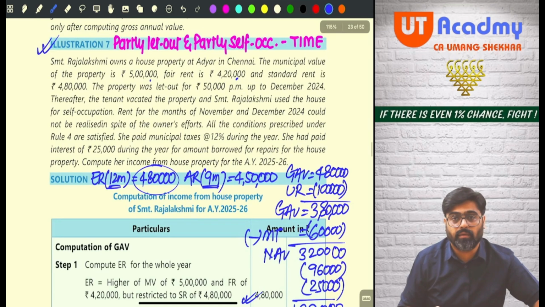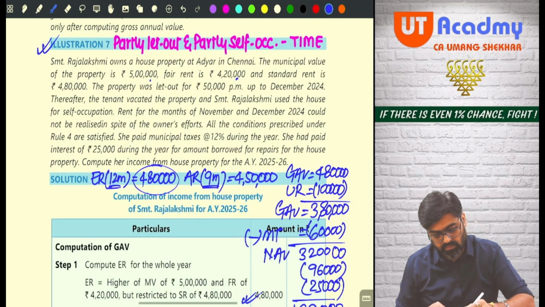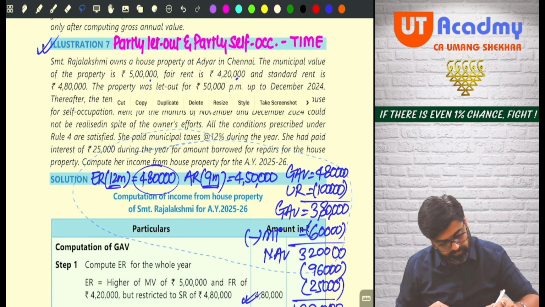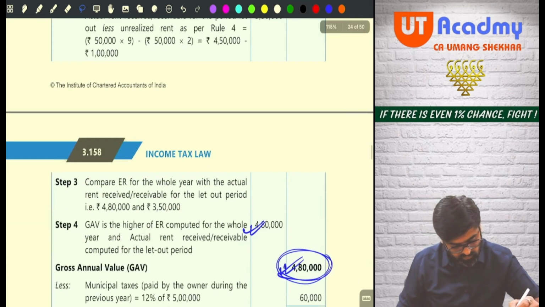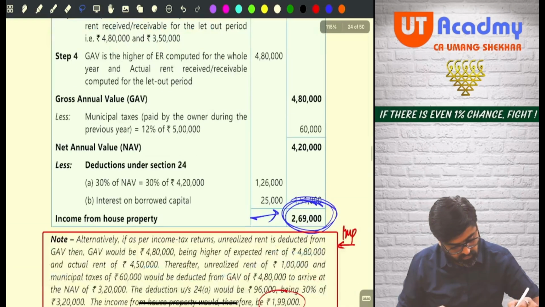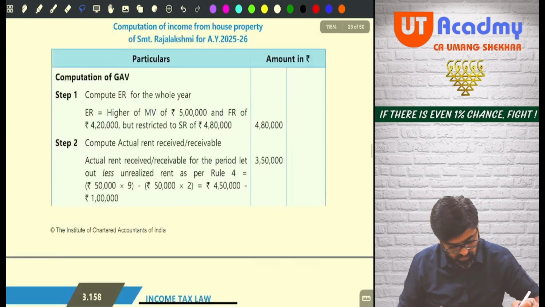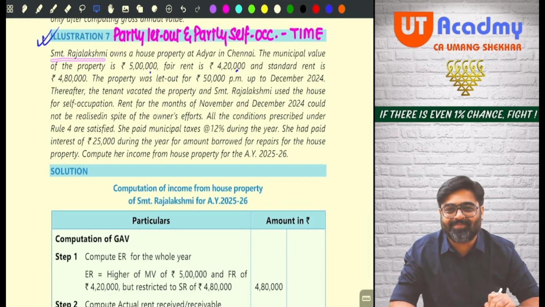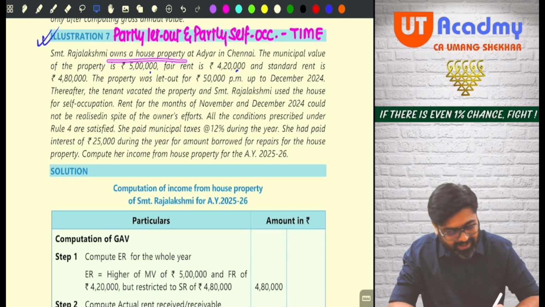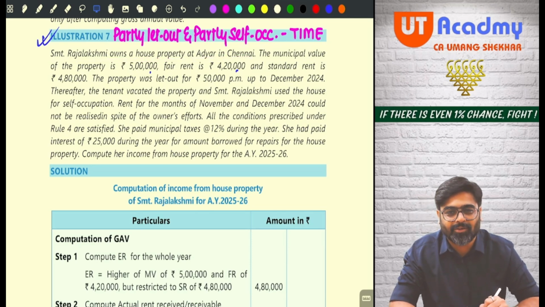Illustration 7. Raj Lakshmi owns a house property at Adyar, Chennai.